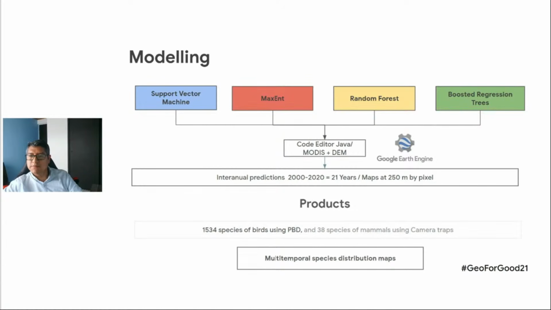Currently, we have species distribution maps for 1,534 species of birds, these are regional models, and 38 species of mammals using camera traps, local models.